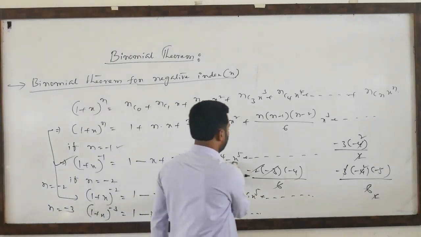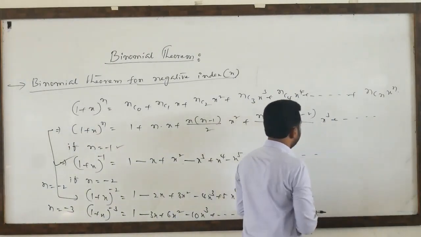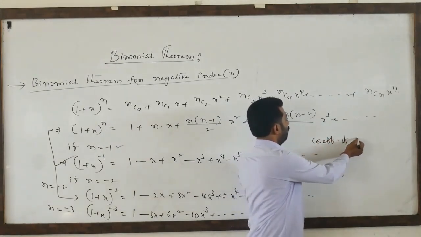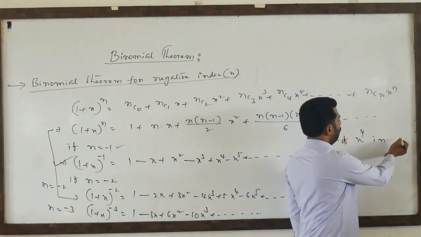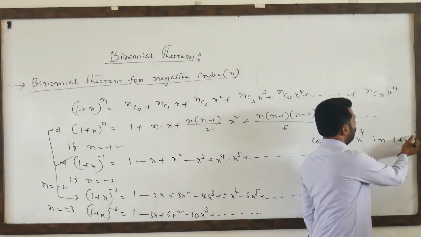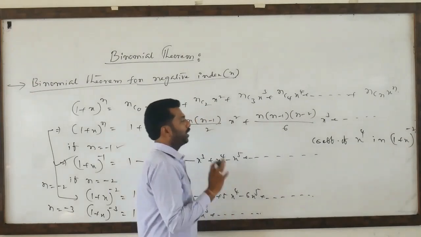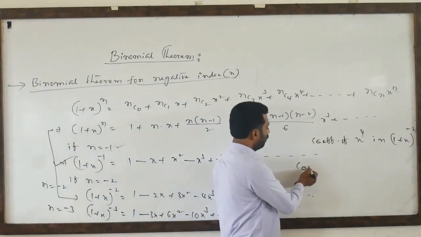Now I am asking one question. What is the coefficient of x power 4 in the binomial expansion of (1 plus x) whole power minus 2? How to calculate? You can remember the direct answer. I will tell you the formula.